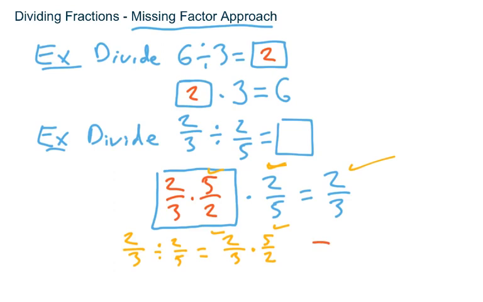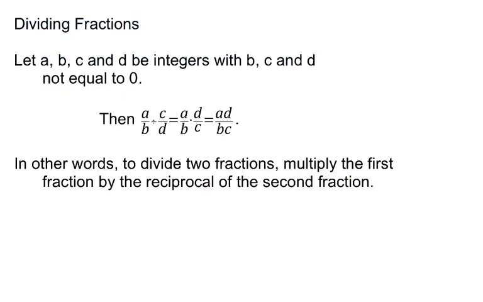That creates what is called the reciprocal of the fraction, which simply means take the fraction and flip it over. Numerator becomes denominator, denominator becomes numerator. And although that's a little fancier than the picture with the circles and the rectangles, it does inspire the rule or the definition for how we divide fractions.